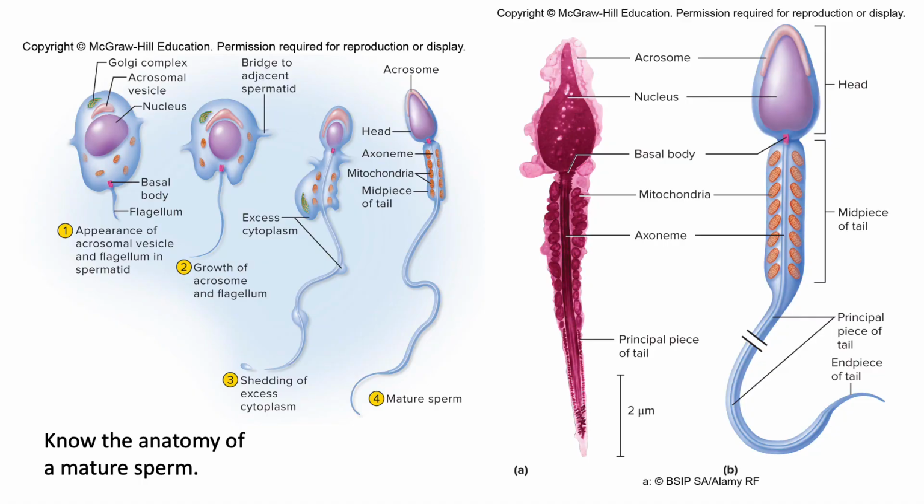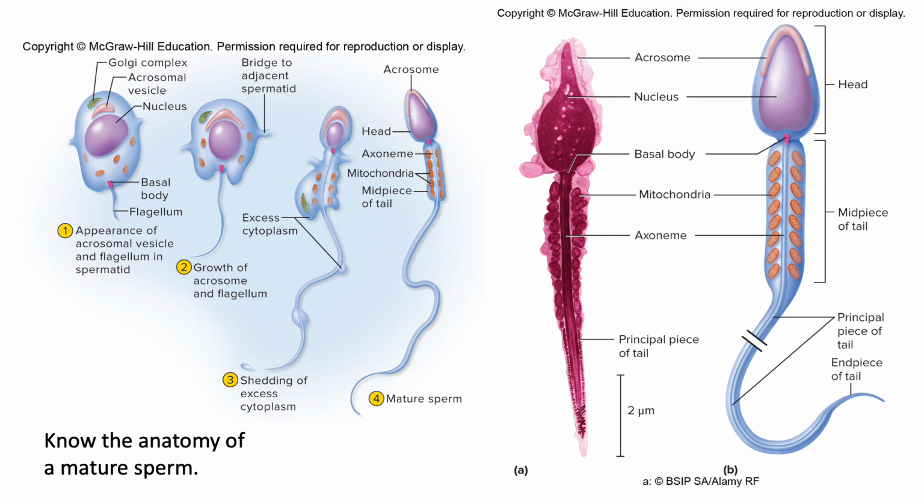So with the sperm, just know the structure of the mature sperm. Just know the head, midpiece, and tail, and just know a little bit of what's located with each. The head contains the nucleus, which is the genetic material, half the genetic material from that male. The other thing in the head is the acrosome, which is referred to as a cap.